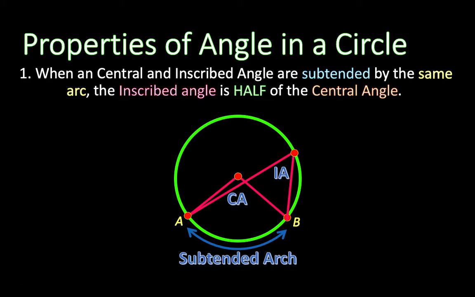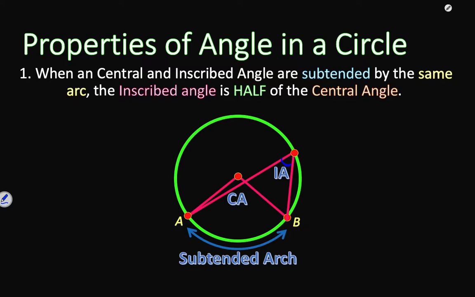An interesting thing about central angles and inscribed angles is that the central angle is always double what the inscribed angle is. So that means that if this inscribed angle is 40 degrees, this central angle will be 80. And the cool thing about this is that it doesn't matter where that inscribed angle is.